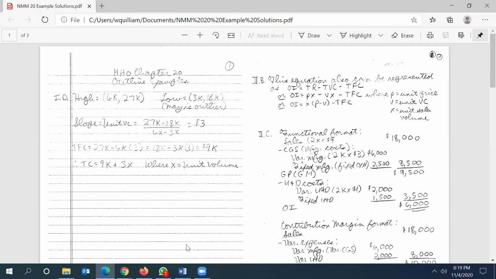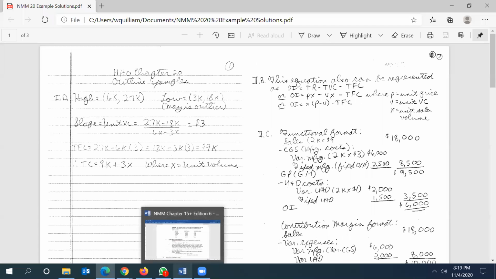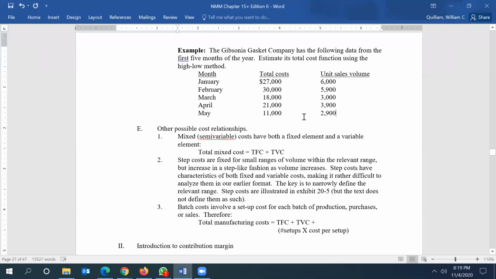Anyway, we want to go for the next viable low. So throw May out. You can see it's really unusual. Total cost only $11,000, totally outside the others. So May's a fluke, throw it out. The next low that we would have would be March. Let's use it instead.